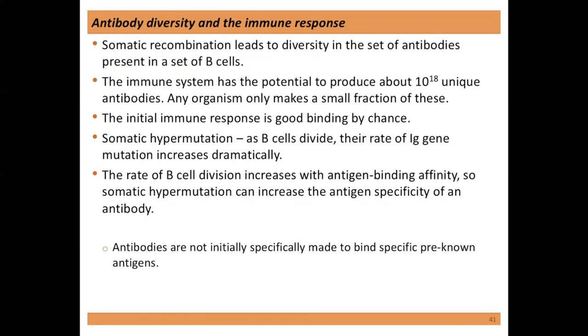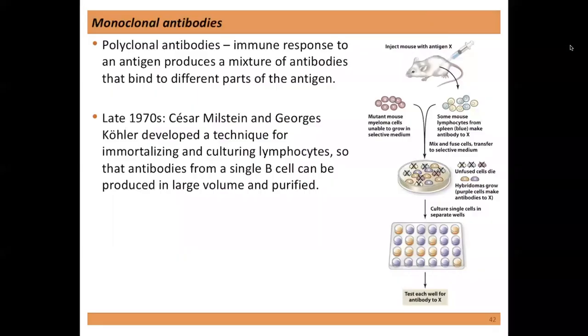And so the type of antibodies that we have in our body when we make them are referred to as polyclonal antibodies. A polyclonal antibody is a mix of antibodies that bind to a specific antigen. If you actually went and looked at them, you'd see a lot of variability among those antibodies, but they all have some affinity for that antigen.